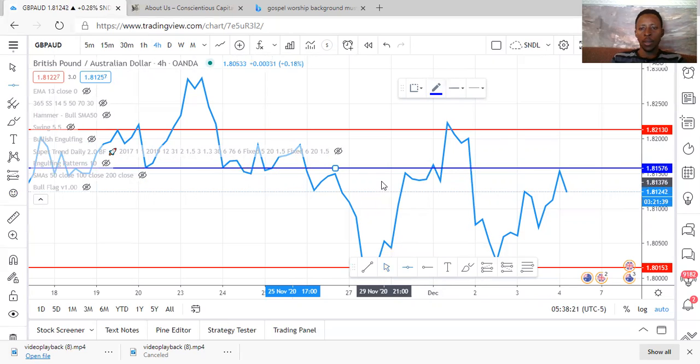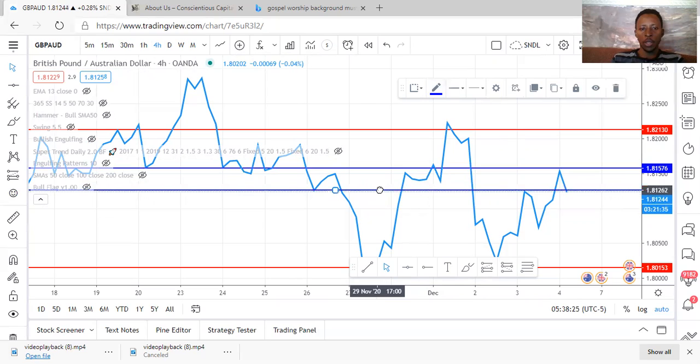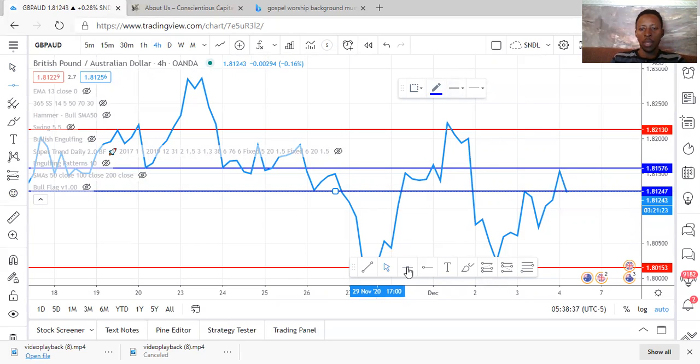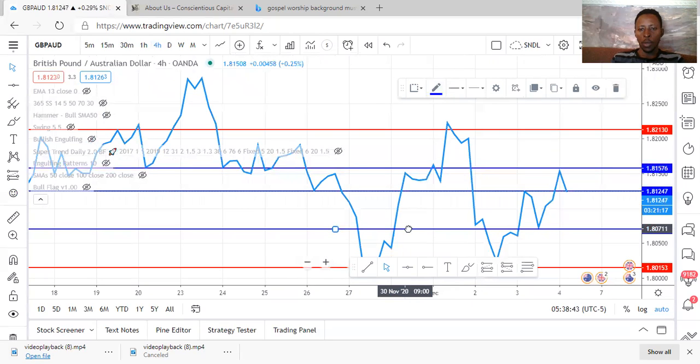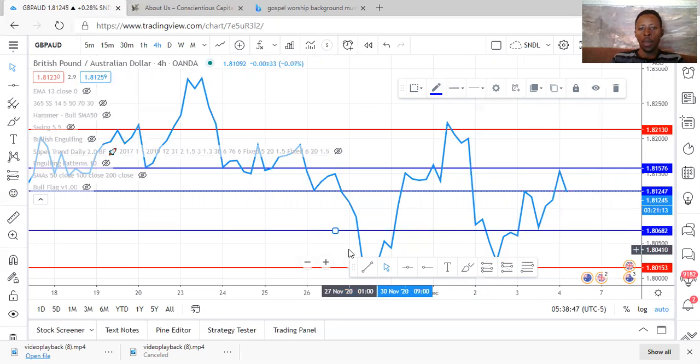Let's get another. Yeah, the current position now is a good key point as well. Making another, yeah, we have one here. I think it's okay for the 4-hour time frame.